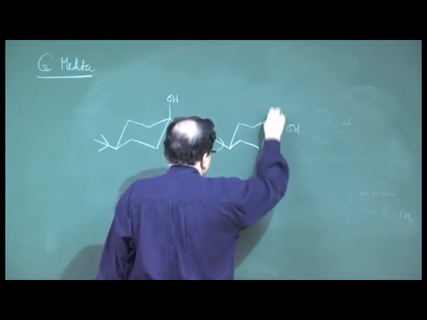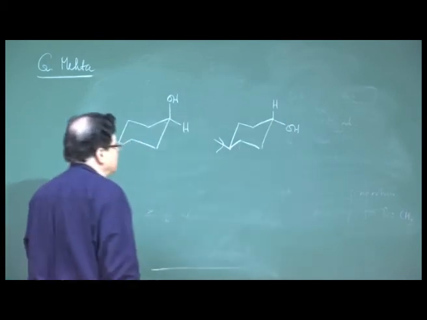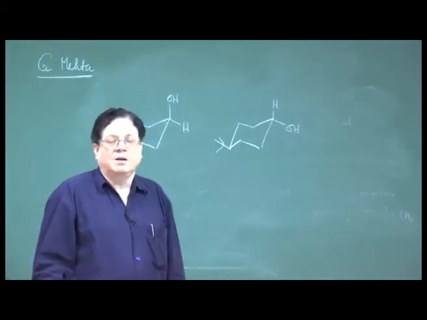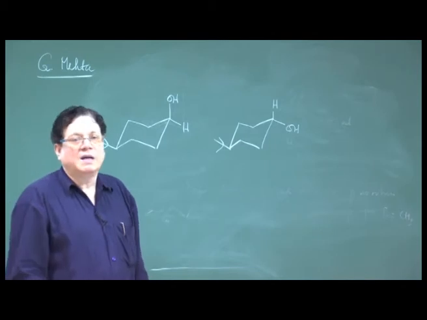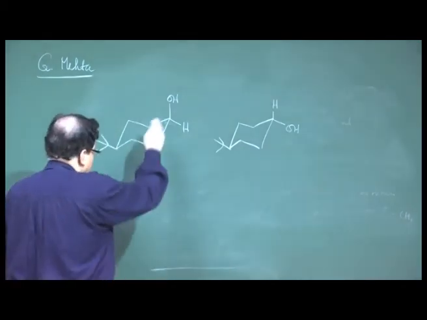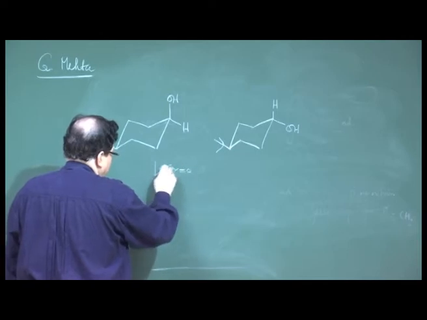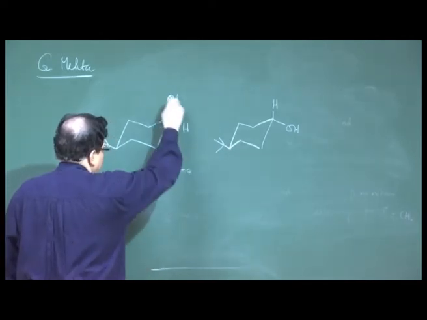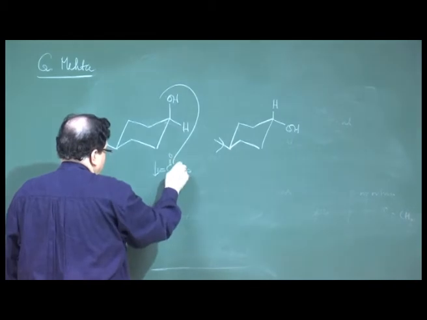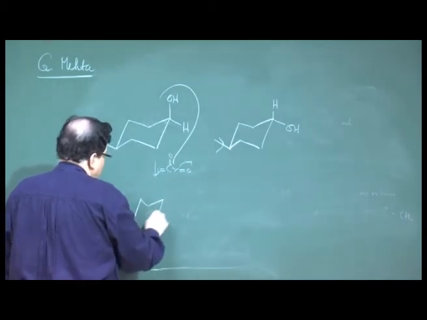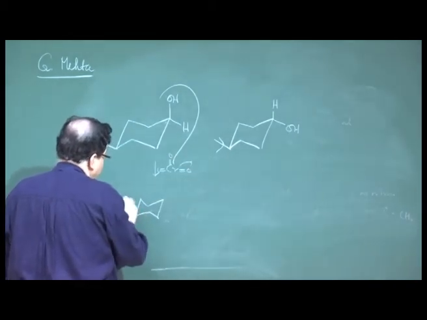our result was that the axial alcohol was oxidized at a faster rate, and the reason is that the mechanism is such that it first forms the chromate ester, which is a very rapid process, and this is not the rate determining step.